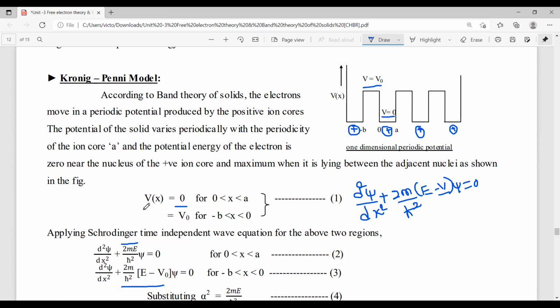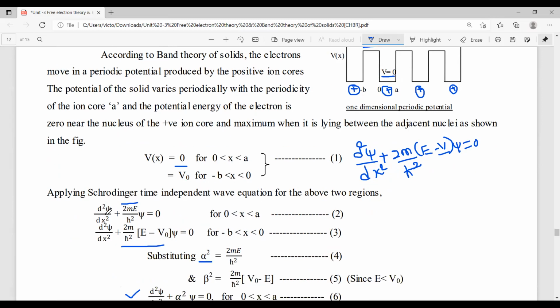This is mathematically expressed as V of x equal to 0 for 0 less than x less than a, that is between the region 0 to a. And the potential is V naught between the region minus b to 0.